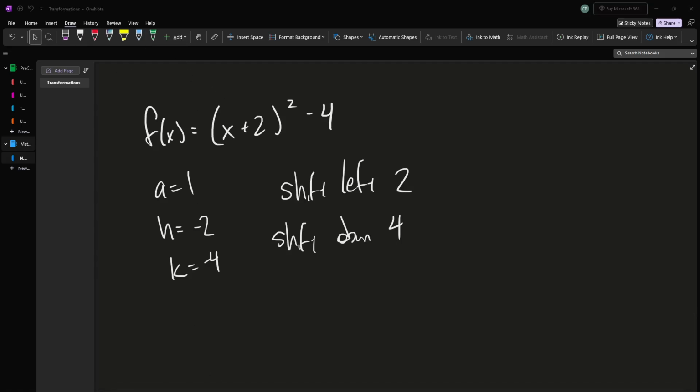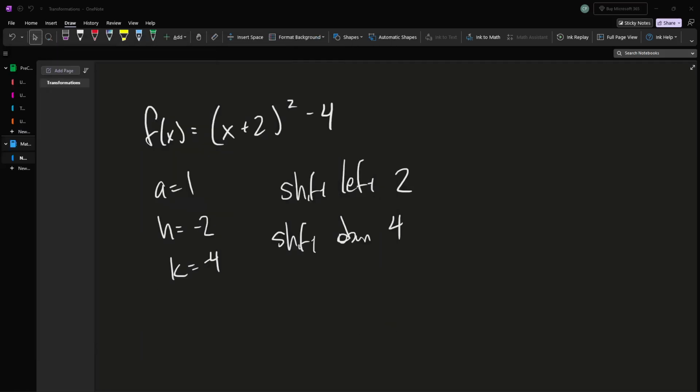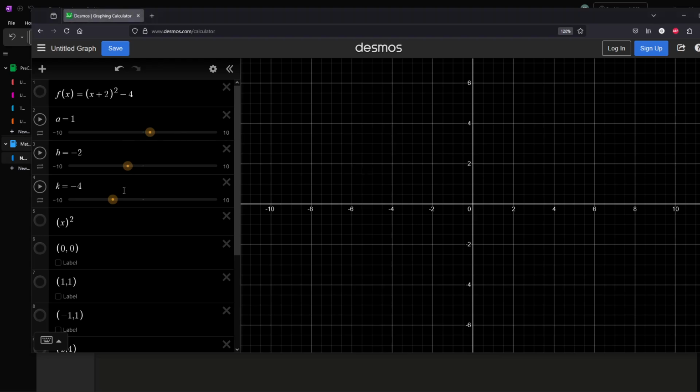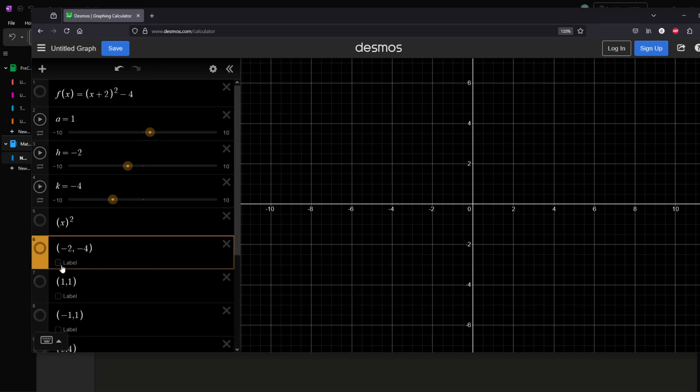So to graph this, what I'm going to do is I'm going to make a point. You could do this on paper. I'm just going to do it on this. I'm going to make a point at negative 2, negative 4. I have a point right here at negative 2, negative 4.